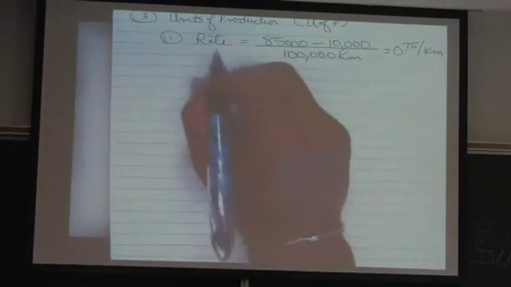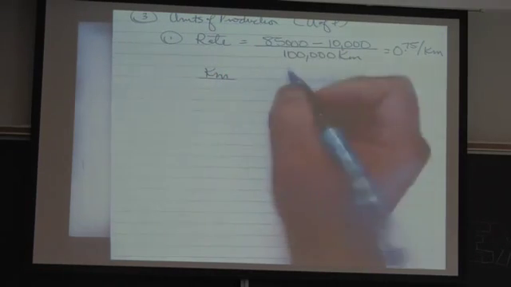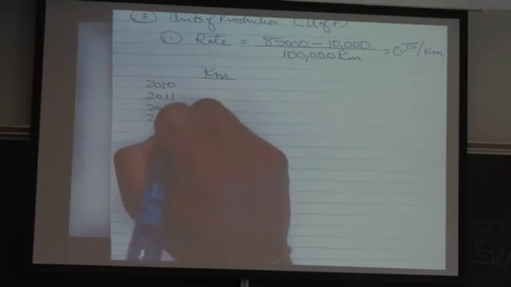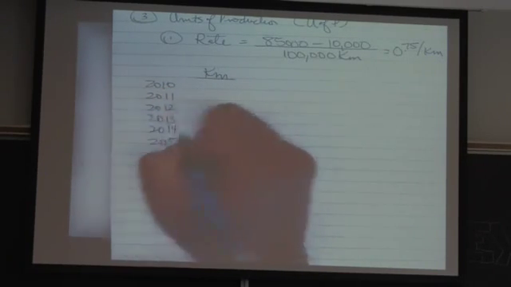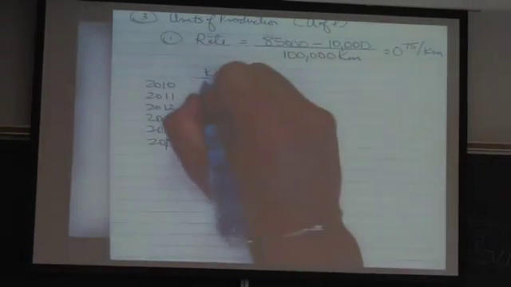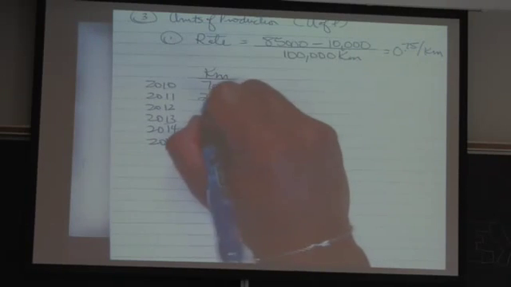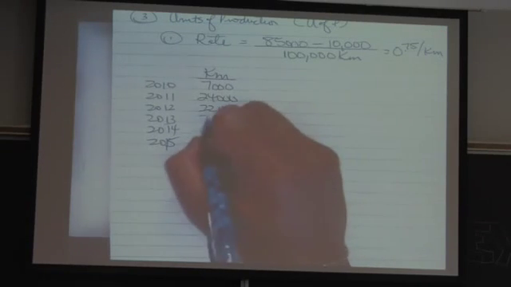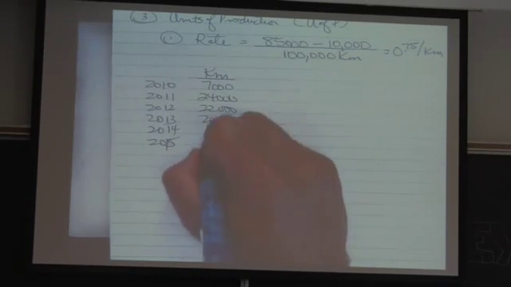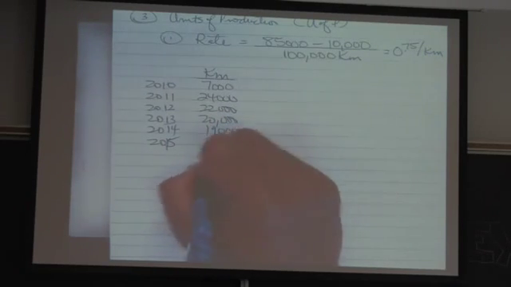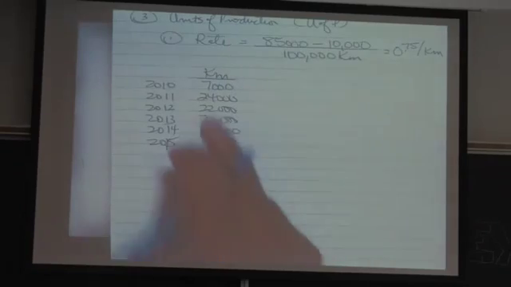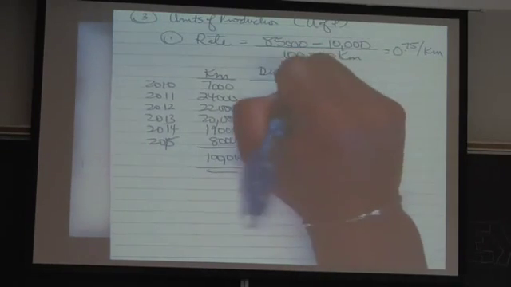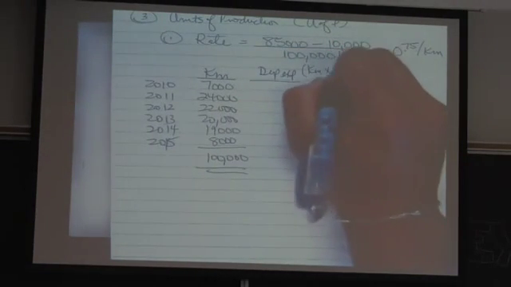To do the units of production, we're going to track the number of kilometers used for 2010, 2011, 12, 13, 14, and 15. So let's write down what we're given. This is the total number of kilometers. The depreciation expense is the kilometers times the rate.